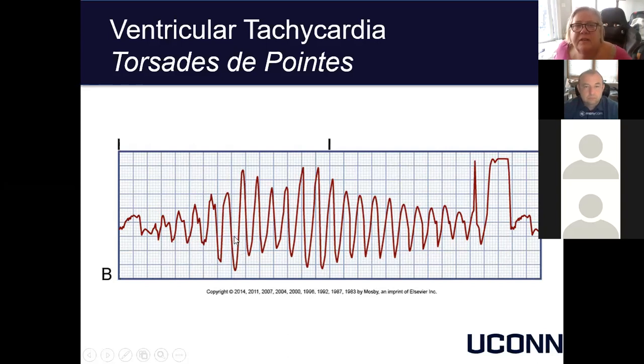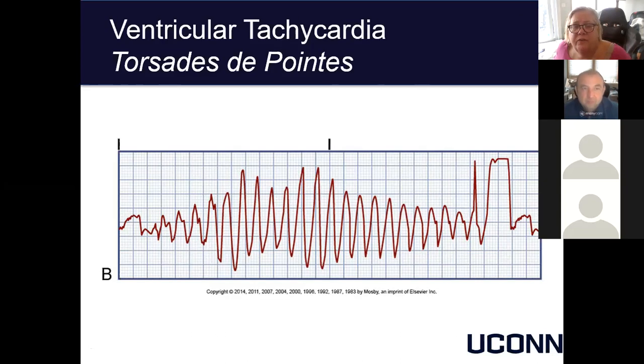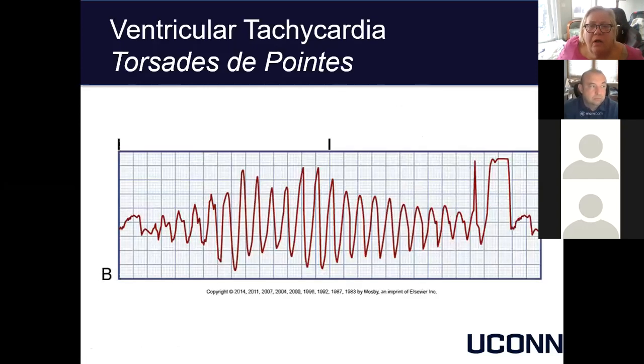This is a particularly special kind of ventricular tachycardia that you see on occasion. And it is very often related to prolonged QT intervals. They're often medication related. These are some of the medications that have been associated with torsade de pointes, and why we keep track of our QT intervals over the long haul.